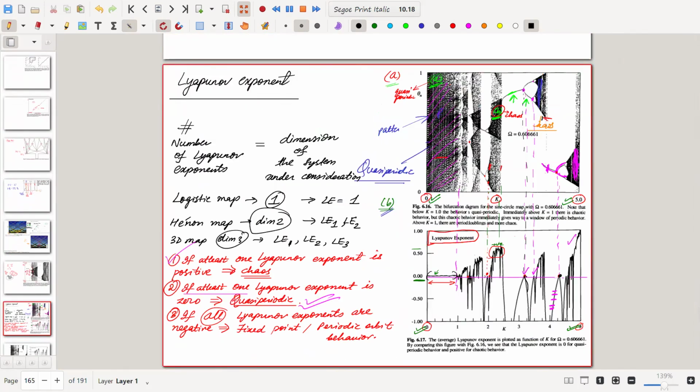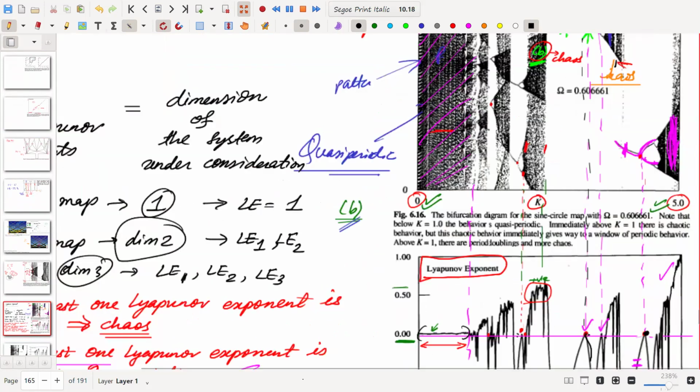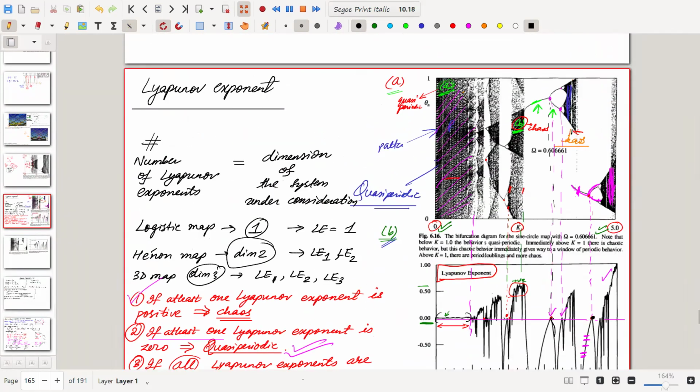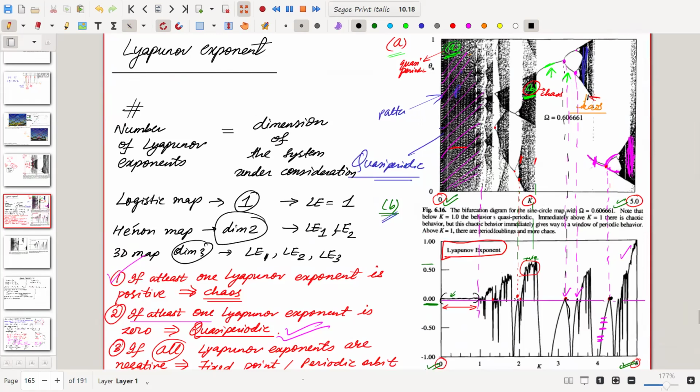You can see over here why Lyapunov exponent computation is so important. This is one of the slides which I used before. The top figure is a bifurcation diagram. The bottom figure is the plot of the Lyapunov exponent.